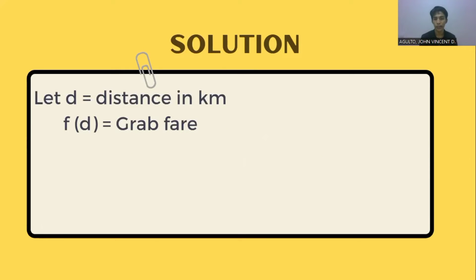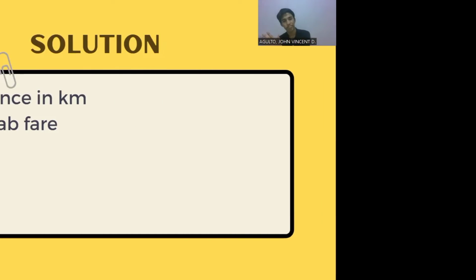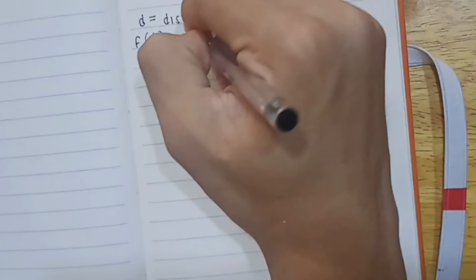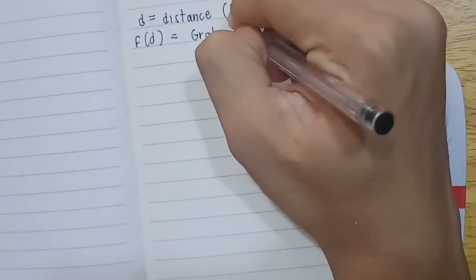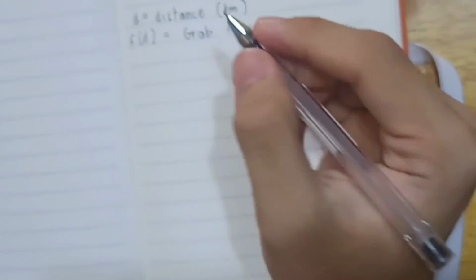Okay, here is the solution now. Let D equal the distance, in kilometers, and f(D) will be the Grab fare. Once again, D is the distance in kilometers, and f(D) represents the Grab ride cost.